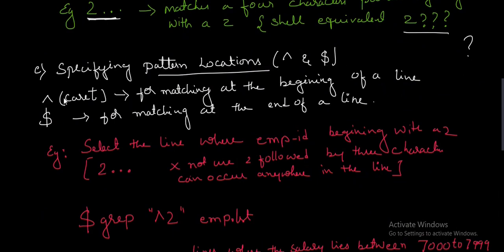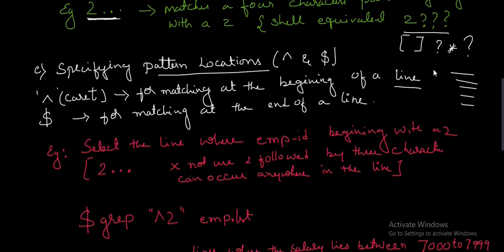Now what does this negation indicate? It is for matching at the beginning of a line. Whatever expressions we have used previously, such as square brackets, question mark or asterisk, the pattern may occur anywhere in the file, and it is going to match.